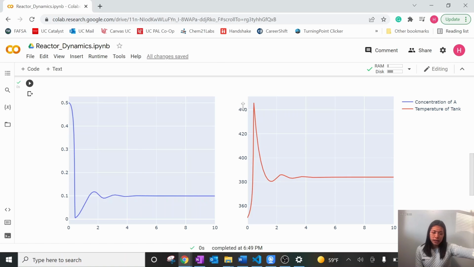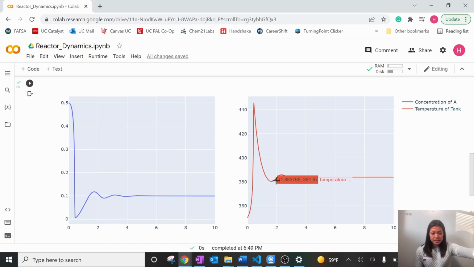Around there, it then suddenly cools really quickly because it's reached that temperature, and now it begins to cool because of the coolant. And as the tank begins to cool, it's kind of the opposite reaction. The reaction rate begins to slow down, and so the concentration in the tank increases because the reaction is slowing down, so not as much is being consumed.